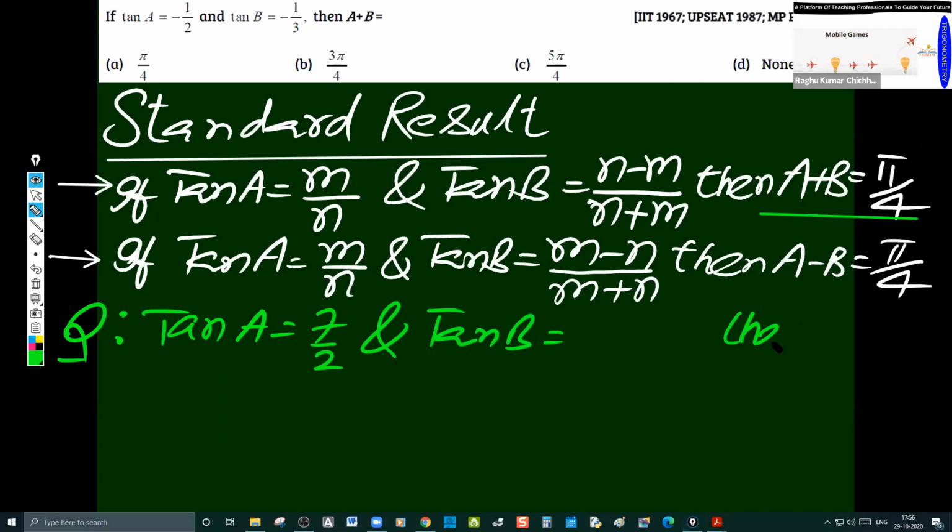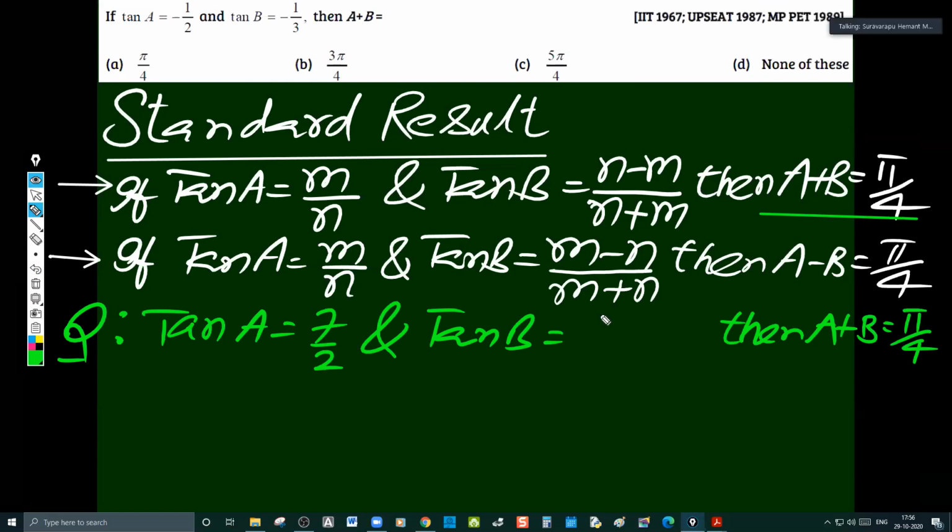And the final result, I want it to be pi by 4. Then I have to write tan B, A plus B, I'm fixing it as pi by 4. Do you see this pi by 4 that I wrote?